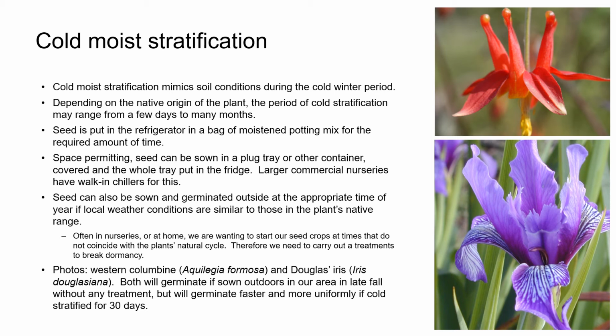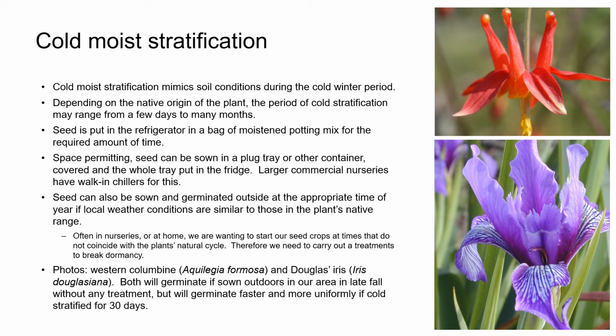The photos on the right here show a couple of California native herbaceous perennials that grow natively in Santa Cruz County and beyond. Aquilegia formosa on the top right, the western columbine, and Douglas iris on the bottom, Iris douglasiana. Seed of both of these species would germinate in our area without any treatment if we sowed them and then left them outside over the winter.